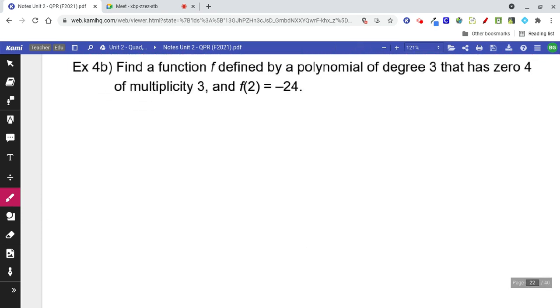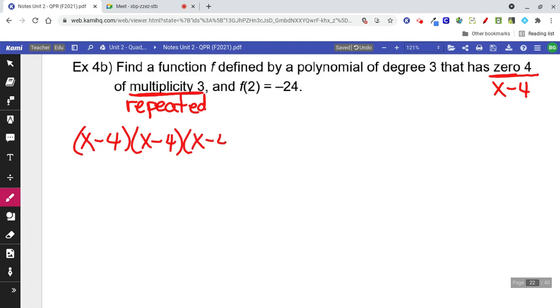Example 4b is the same thing. Find a function f defined by polynomial of degree 3 that has a 0, 4 of multiplicity 3. Multiplicity 3 means it's repeated. In this case, 3 times. And so when they say it's a 0 of 4, that means x minus 4. But with a multiplicity of 3 means it's repeated 3 times.